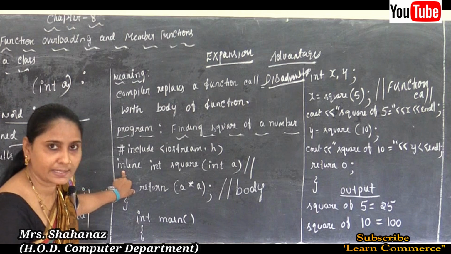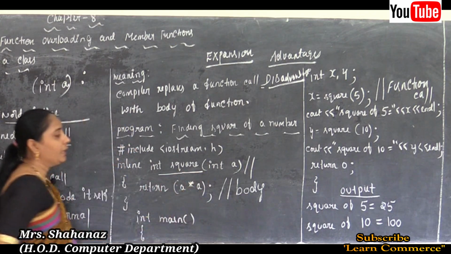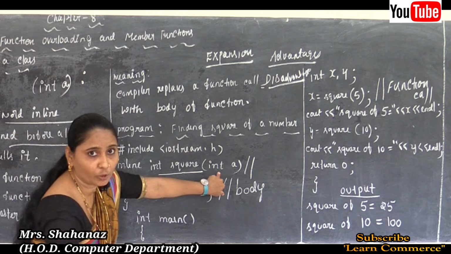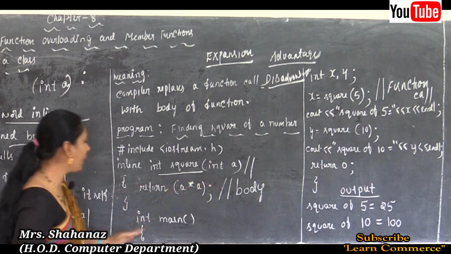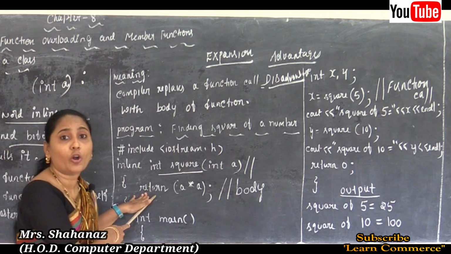In this program, I used the inline function square, and it has an argument, int a, and whatever code I completed after that is called the body of the function.